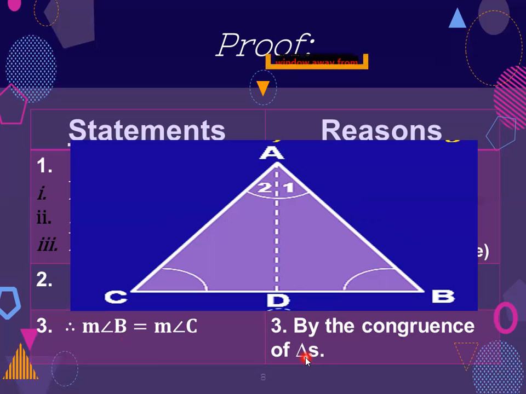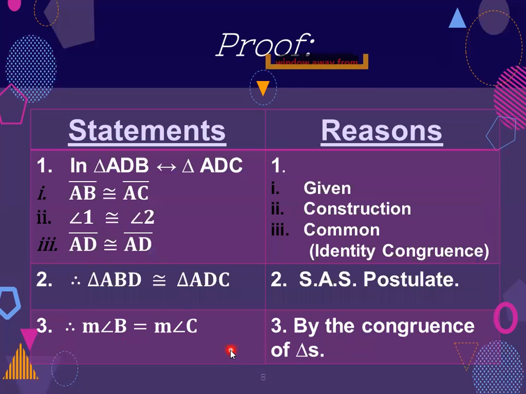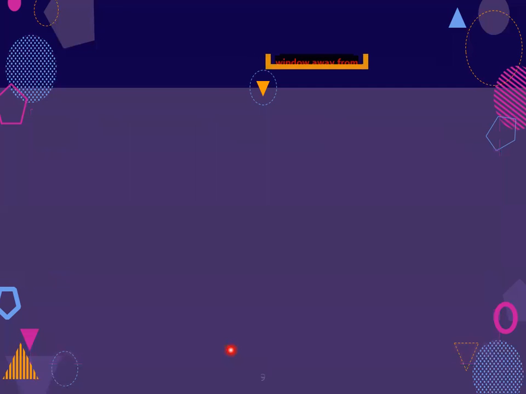These two different triangles are congruent to each other, so their angles will also be congruent. So angle B will be congruent to angle C. So we have proved it here that angle B is equal to angle C. So that's the end of the lecture. I'm going to end the lecture here, and we are going to start our question answer session.